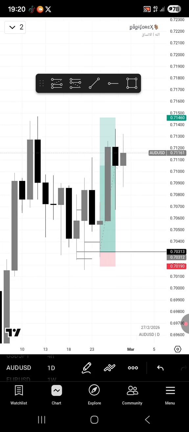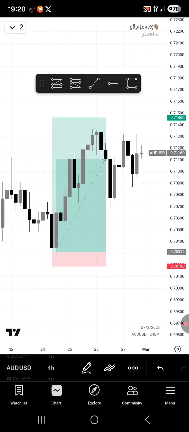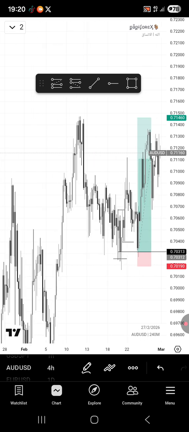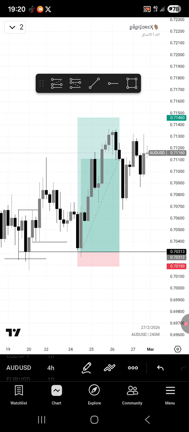So that's not its TP yet, it's still an open trade. Last week again, I think this was in 2024, on the 25th on Wednesday, I saw something again.